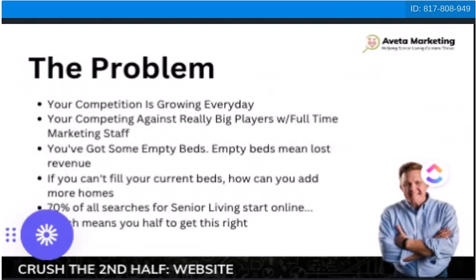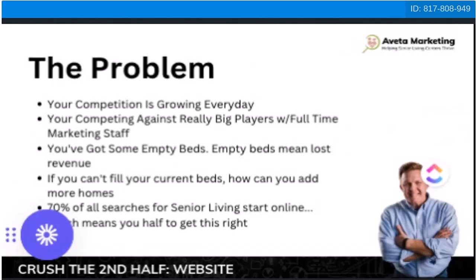Okay, so let's jump into our topic today with the website. Let's just think about what problem we are dealing with here. Well, if you think about it, your competition in assisted living, residential care homes is growing every day. People are coming in, investors are coming in and starting residential care homes. And so that means that you need to be on top of these things in order to stay up with the competition, right?